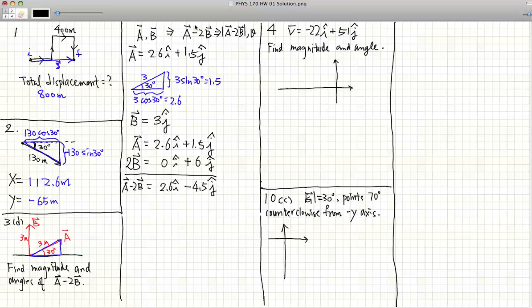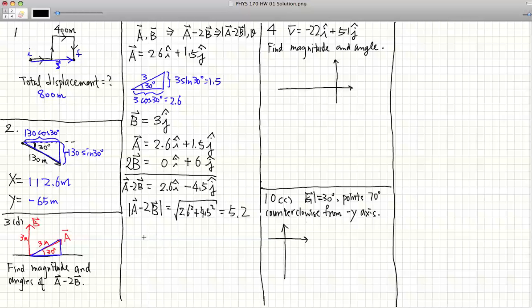Now that we have this vector, we can calculate its magnitude and find its angle. The magnitude is easy to find. You just use the formula square root of 2.6 squared plus 4.5 squared. Put it in your calculator and it should come out to about 5.2.